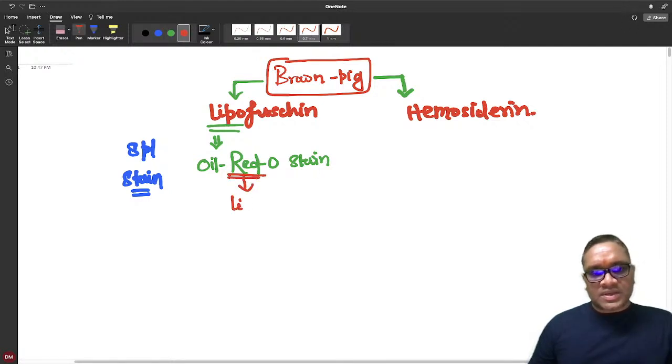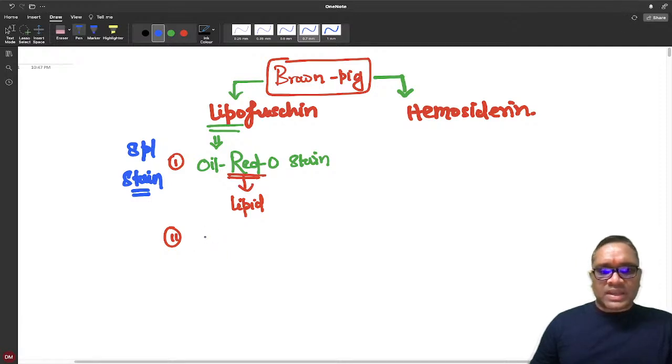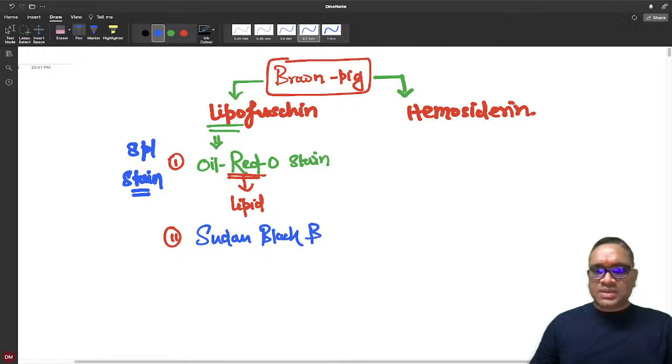So remember, this red color will be the color of lipid by oil red O stain. There is another stain which we can use for lipid, that is Sudan black B, right? Sudan black B is also used for lipid, and in this lipid will be looking black in color. So please remember Sudan black B. Here you are going to see lipid will be looking black.